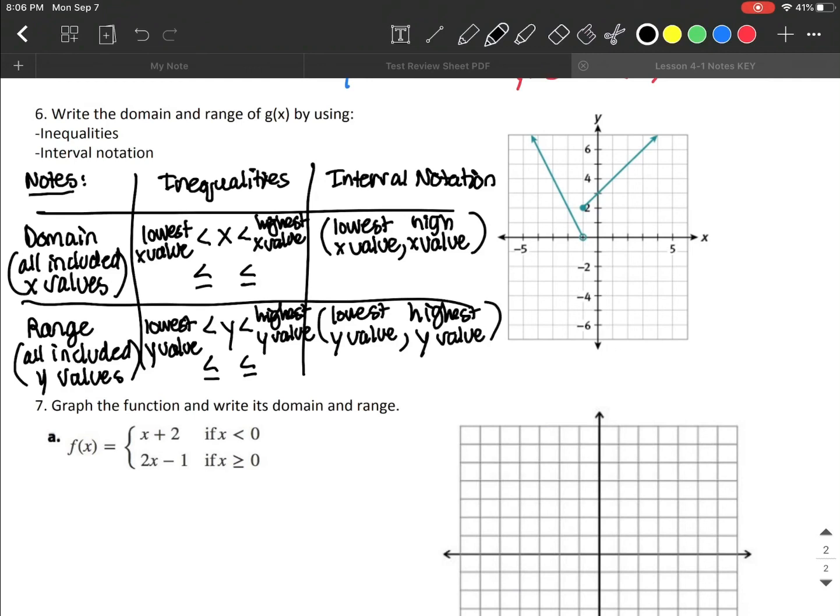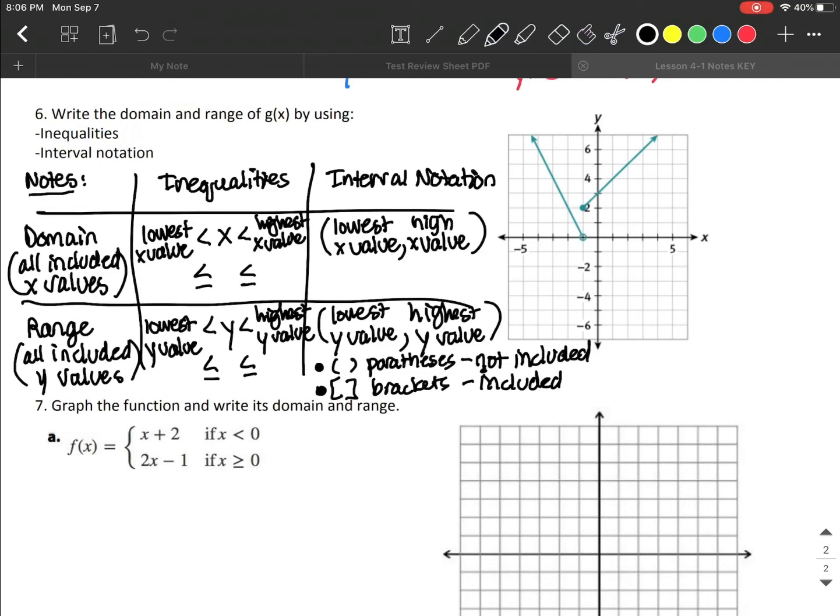Now there are two different ways that you can write these points. You could either use parentheses or you could use brackets. You're going to use parentheses when it's not included, so when that highest value or lowest value is not included. Then you're going to use brackets for when they are included.